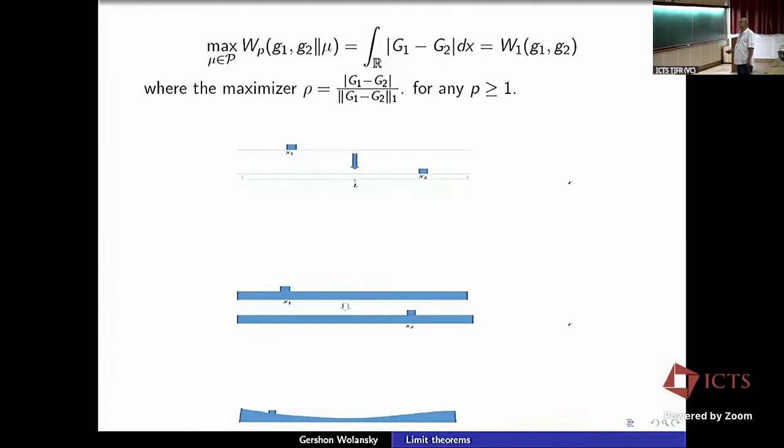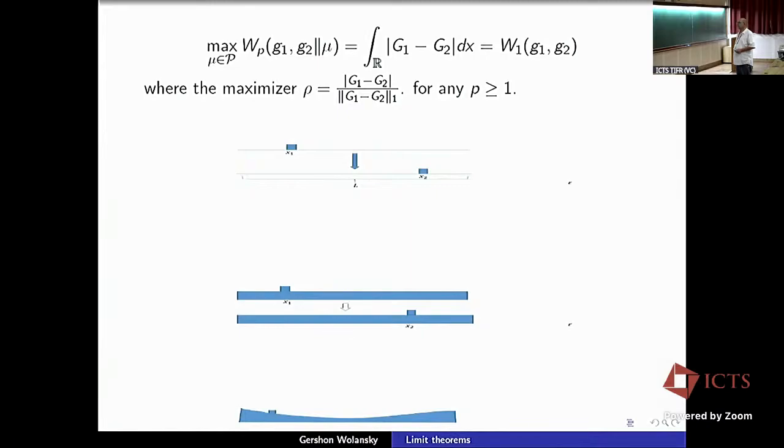And if I have a uniform measure, I pay just epsilon to the power p because I can push it step by step. So I take this block, move it epsilon distance to the right, and then another epsilon to the right, and so on until I get here. And each step I pay epsilon to the power p.